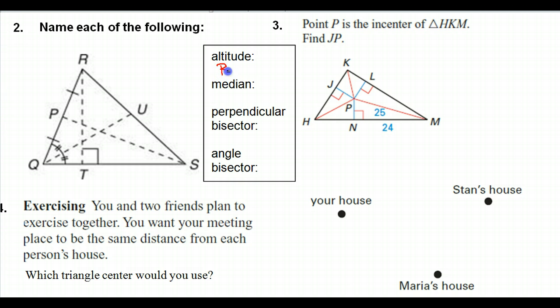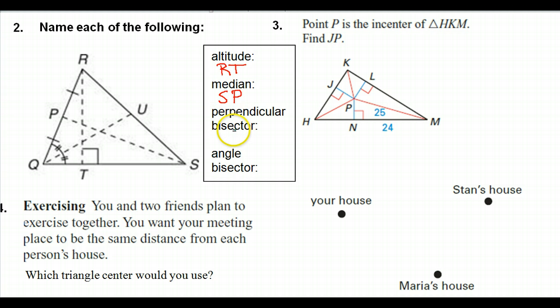So RT is an altitude. Okay. Look at PS or SP. It starts at a vertex and it goes to a midpoint. Vertex to a midpoint, that's a median. So that's SP.